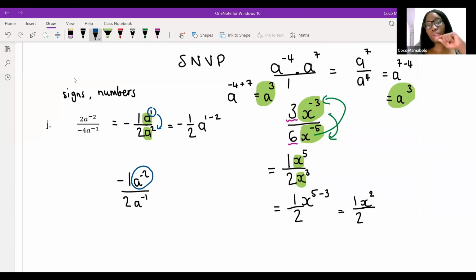So you need to make sure that you are flipping them so that they have positive exponents. Okay, so this one with the -2 as an exponent needs to go down, and this one with the -1 as an exponent needs to go up. Because we cannot leave it with negative exponents. You see that now? Yes, ma'am.